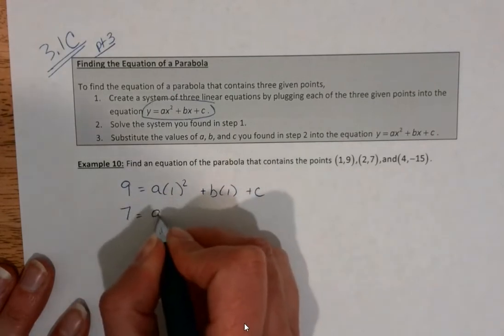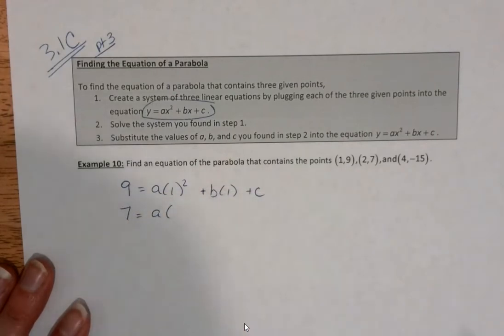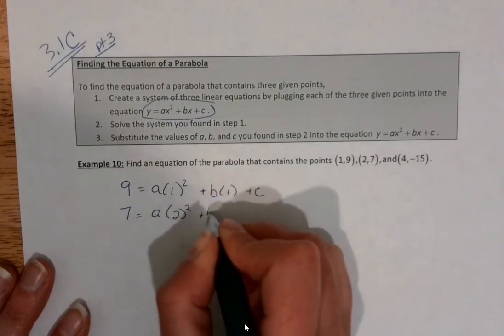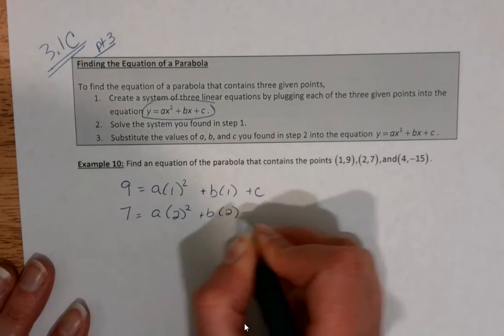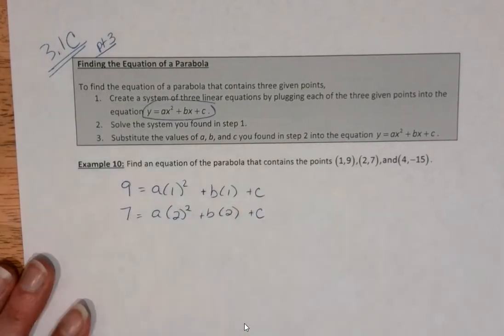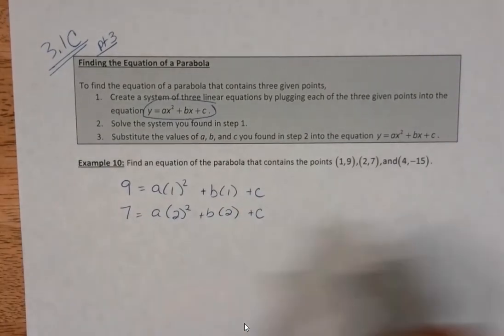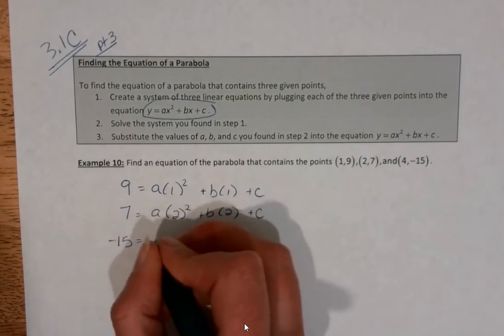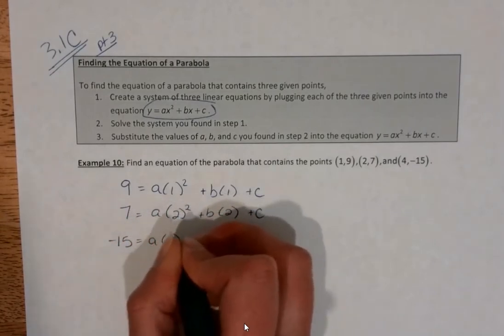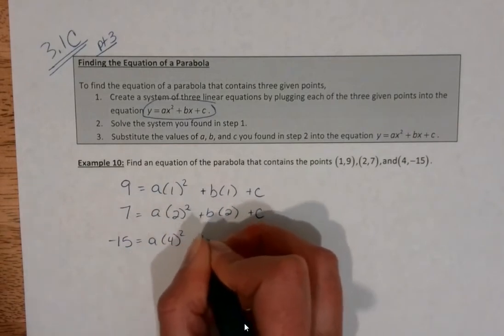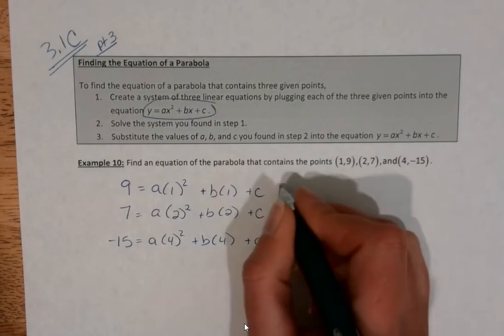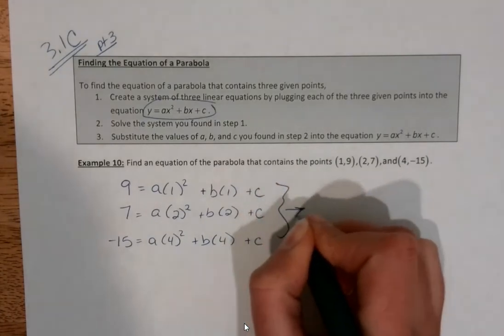That's 7 equals a times the x value is 2, so 2 squared, plus b times x, which is 2, plus c. And the third ordered pair has a y value of negative 15. That's the y, equals a times the x value is 4, squared, plus b times the x value is 4, plus c.